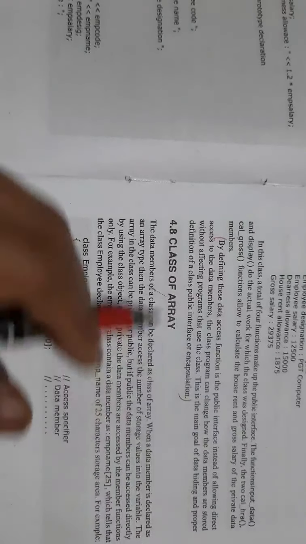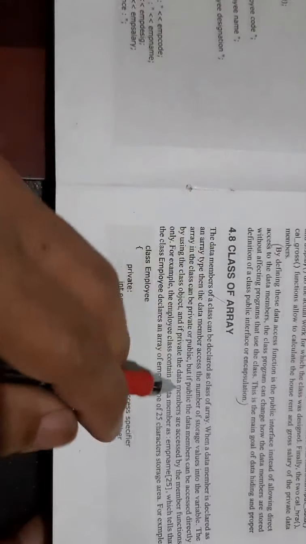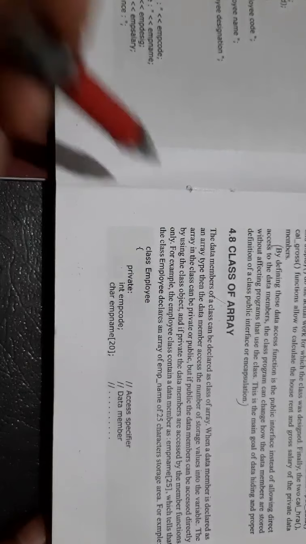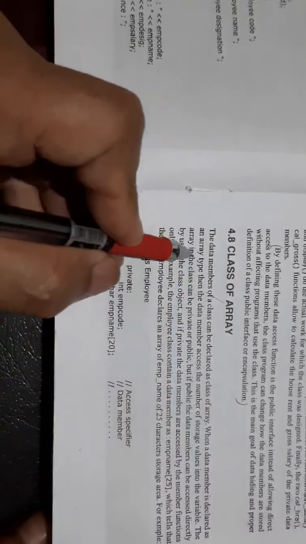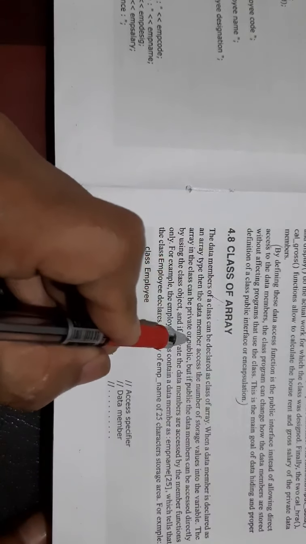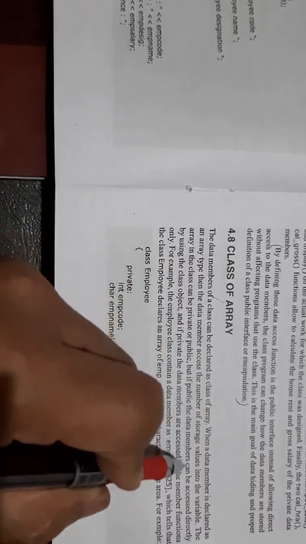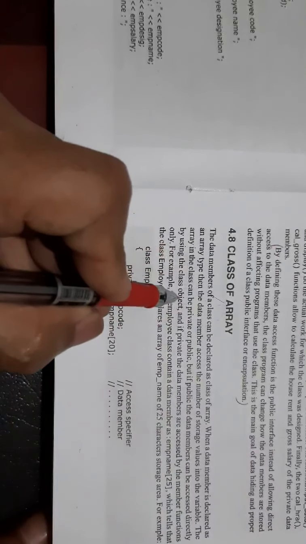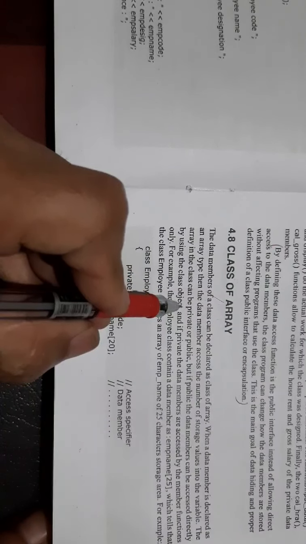When a data member is declared as an array type, then the data member can store a number of values in the variable. The array in the class can be private or public, but if public, the data member can be accessed directly by using the class object. We have already seen that. And if private, the data members are accessed by the member functions only.